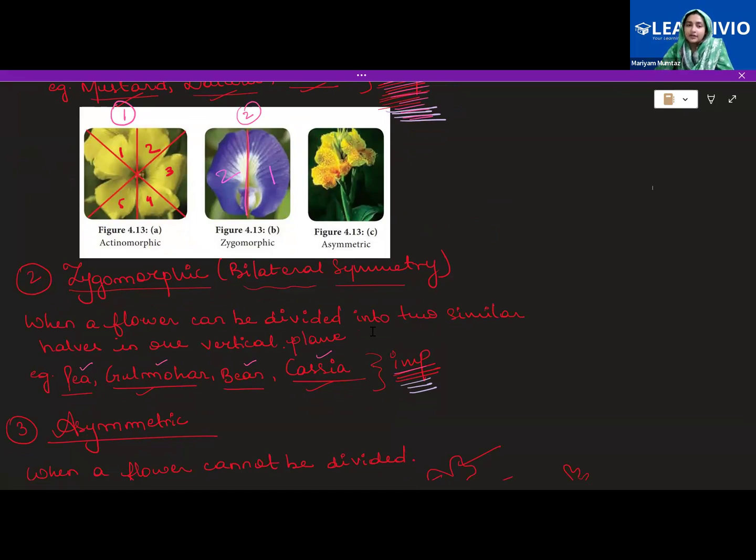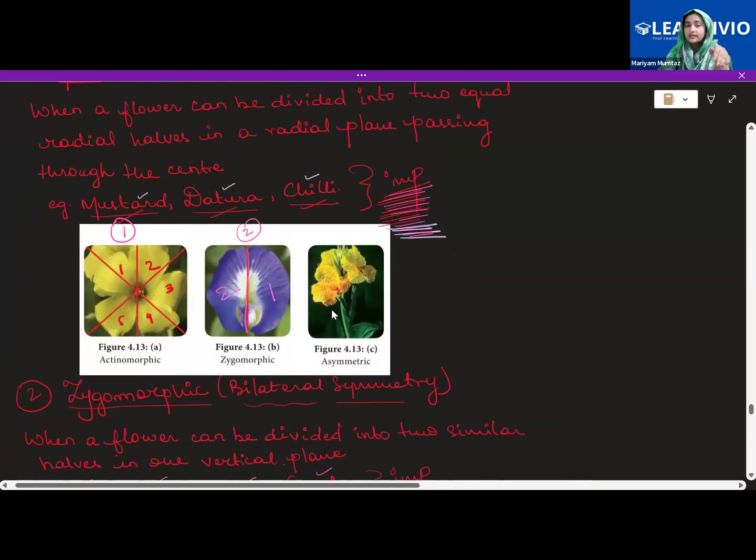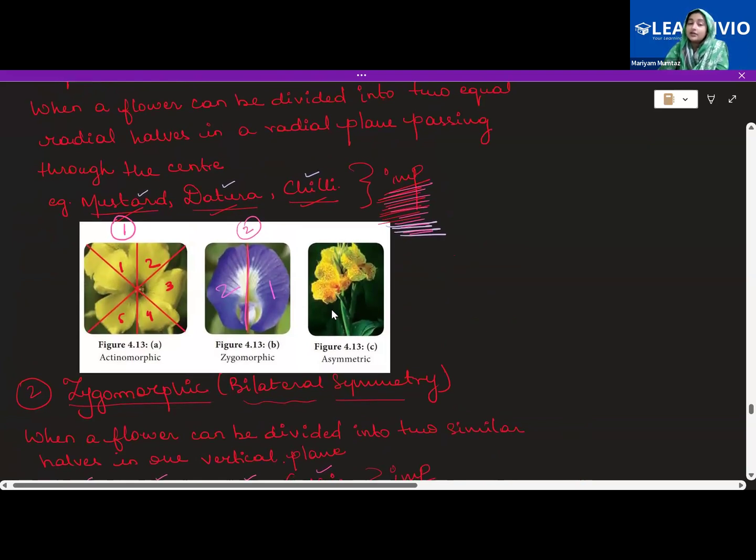So when we talk about zygomorphic, it is the same thing. So the plants in which zygomorphic symmetry is there are pea, gulmohar, bean and cassia. Now the examples of all of these are very important, directly asked in MCQs, and directly asked in Viva also if that happens. So remember this.